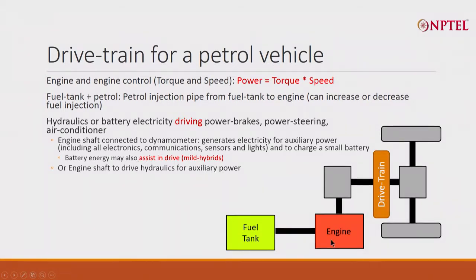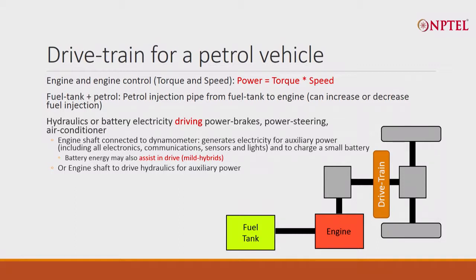Now, what happens is that since there is a dynamometer and you are anyway converting the rotary motion which is provided by the engine into electricity and storing it in the battery, you can also have the battery drive some kind of a motor which can assist your otherwise engine.